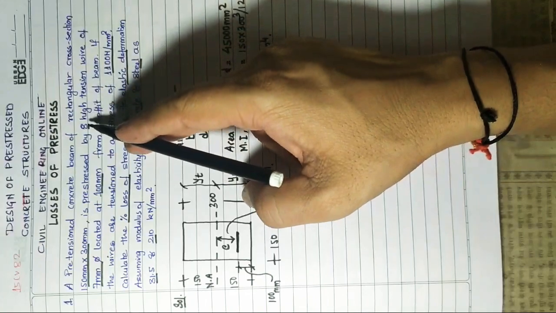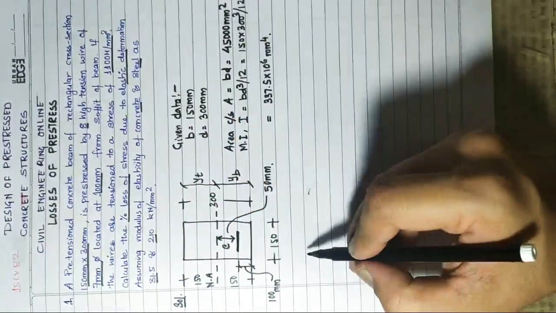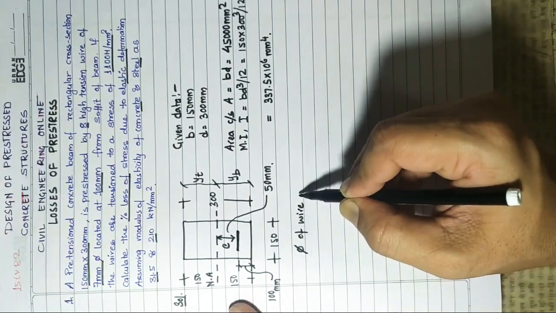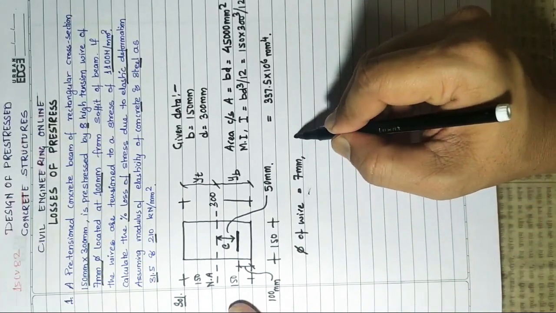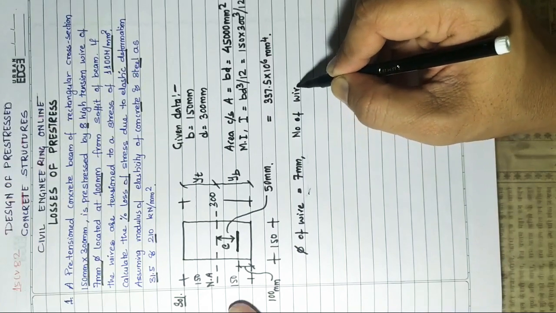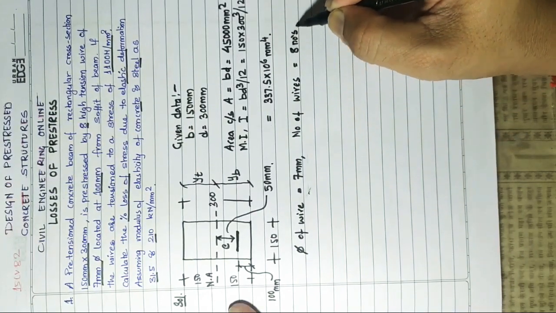Now they have given us 8 high tension wires of 7 mm diameter. So diameter of wire is equal to 7 mm, number of wires is equal to 8 numbers.